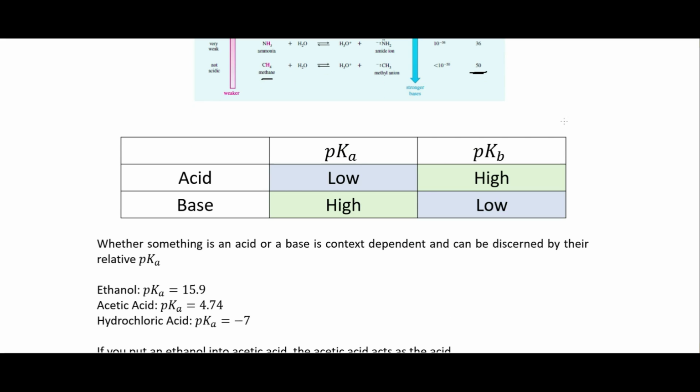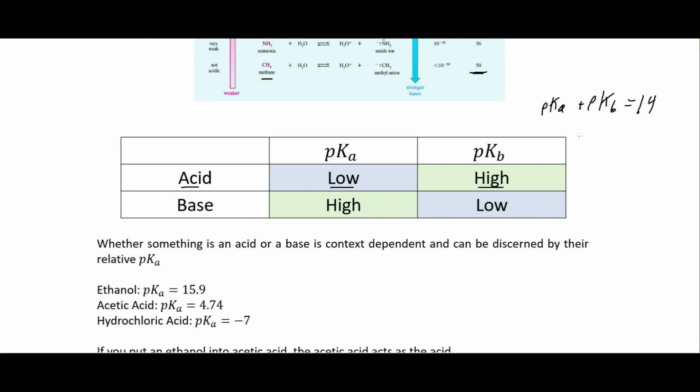So yeah, this is kind of what I was saying above. If the pKa is low, then it's a strong acid. And so we get pKa going low, but that would also mean pKb is going high, because remember, pKa plus pKb is always equal to 14.